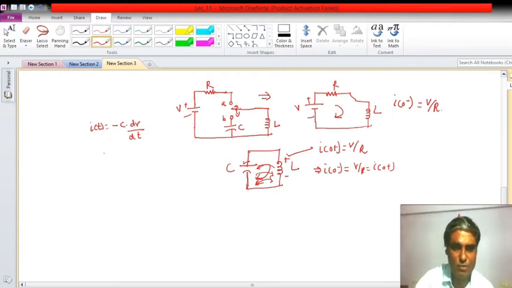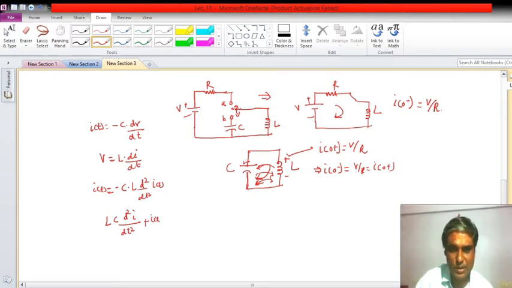And what is V in terms of the inductor? It will be L di by dt. So I of t will be minus C L d2 by dt square I of t. It will be LC d2i by dt square plus I of t equal to 0.